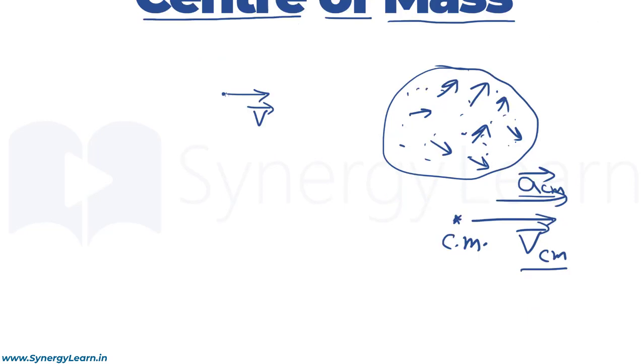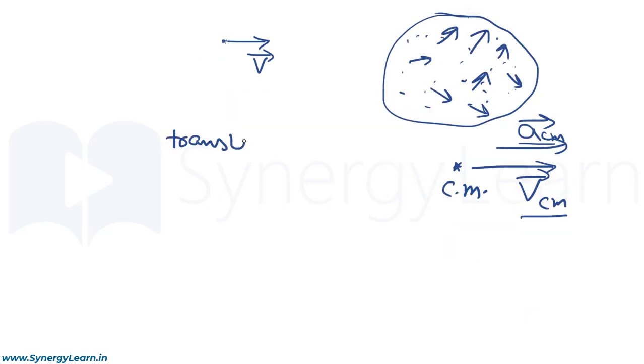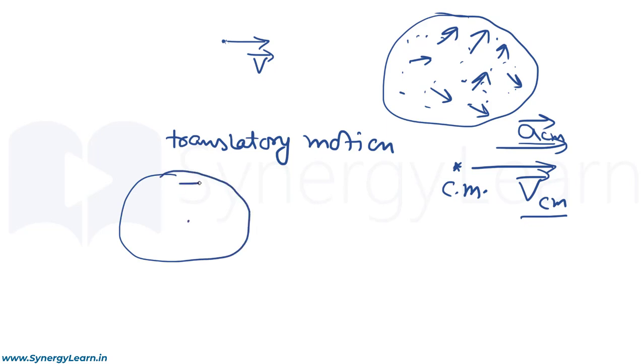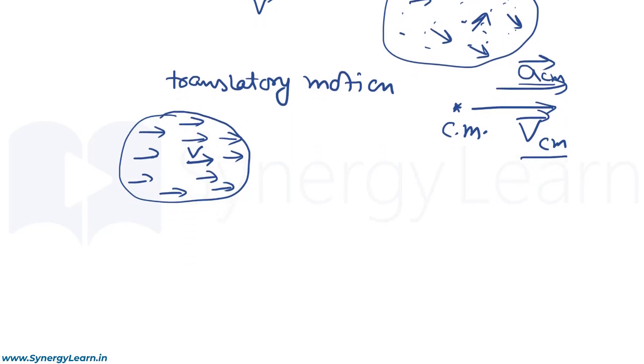Center of mass represents translatory motion of a system of particles. By translatory motion, we mean that the velocity of center of mass represents the velocity of all the particles present in the system. A system is said to be in translatory motion when all the particles of the system have the same velocity. Now, how to obtain this common velocity?